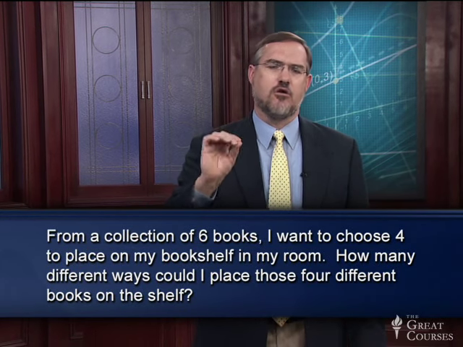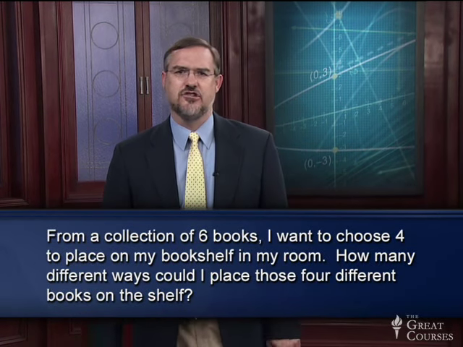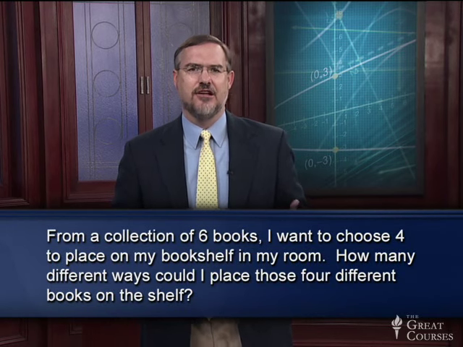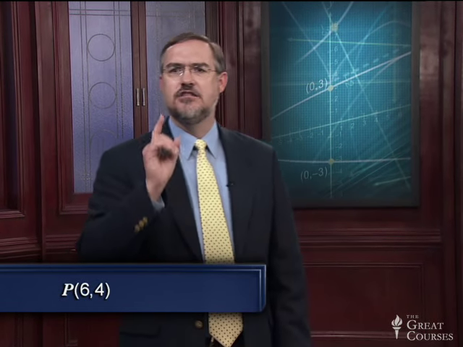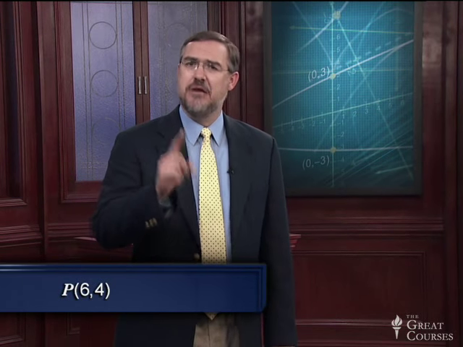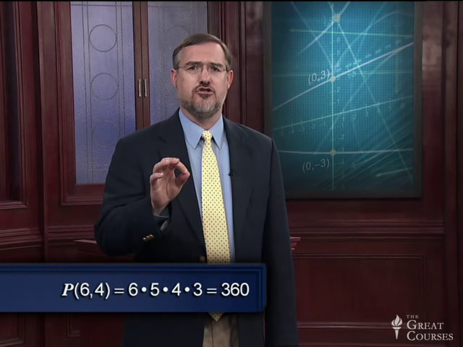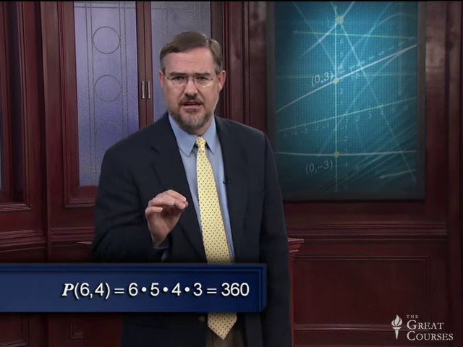Different orders are going to give you different permutations. And at that point then, the answer to the question would have been P of 6 comma 4, not C of 6 comma 4. And by the way, P of 6 comma 4 is much larger. It's 360 rather than C of 6 comma 4, which is only 15.